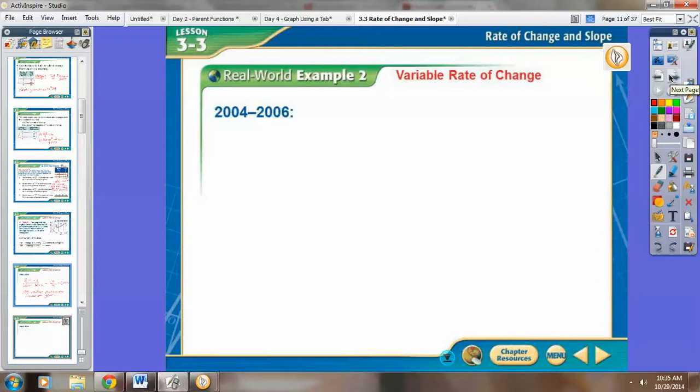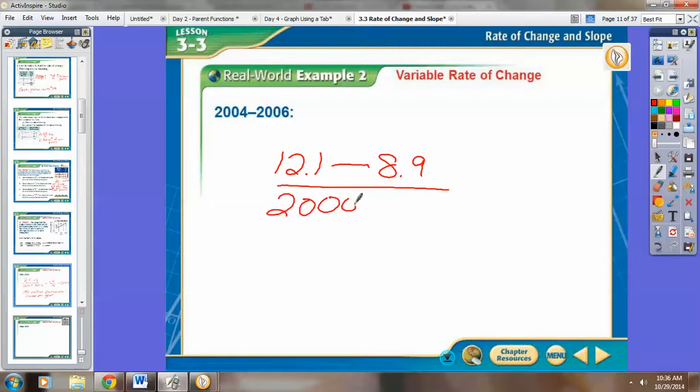Let's look at 2004 to 2006. 2006, what is the y value? 12.1. Minus 2004's y value? 8.9. Divided by, what is your x? 2006 minus 2004.